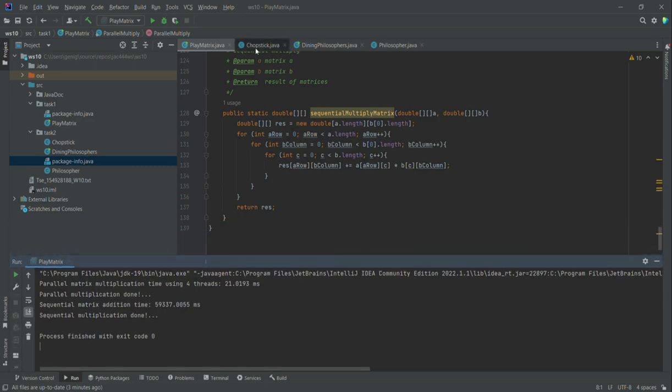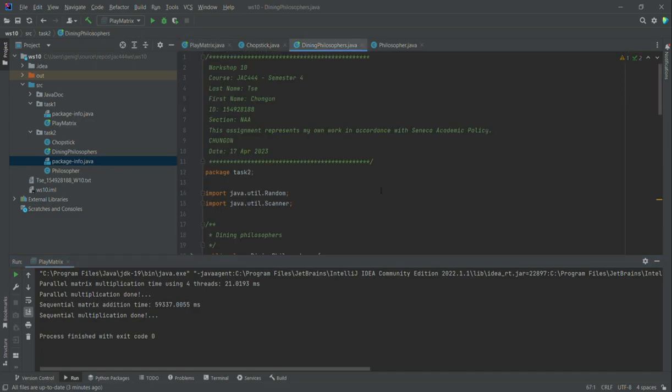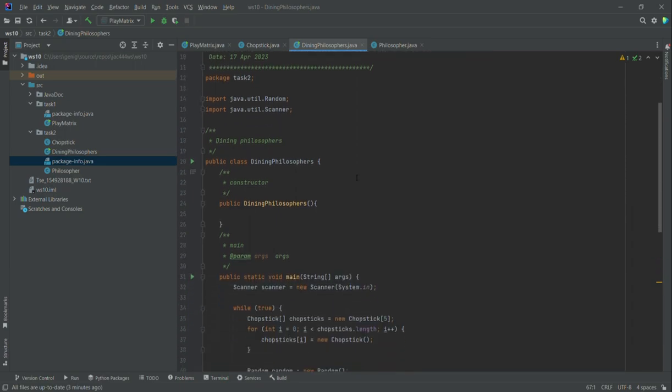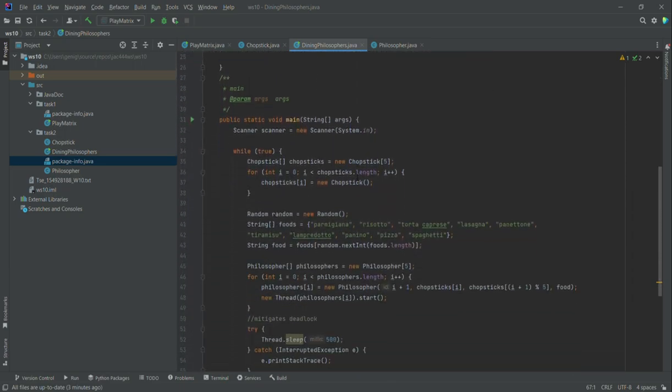Okay, so the next one we are talking about is the dining philosophers, and here we have 5 guys, and they have left and right chopsticks on their side, and when they try to pick up any chopstick, then they are gonna be competing with the other guys.